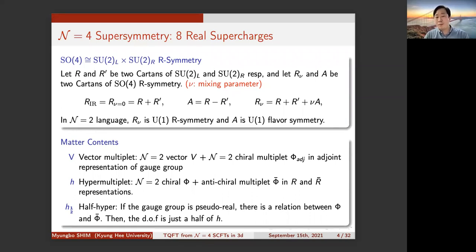And hypermultiplet consists of N=2 chiral multiplet and antichiral multiplet in R representation and R bar representation. If the gauge group is pseudo-real, there is a relation between phi and phi bar, then degrees of freedom become just a half of H. So this is called half hypermultiplet.